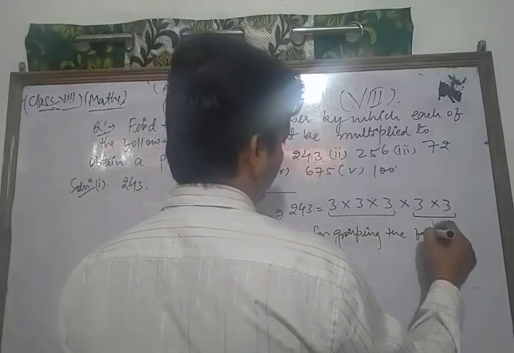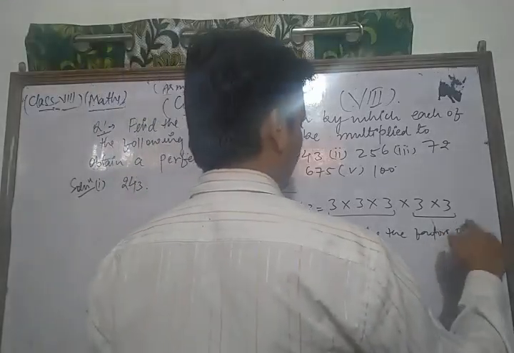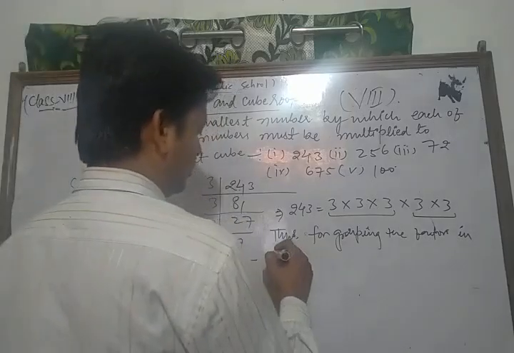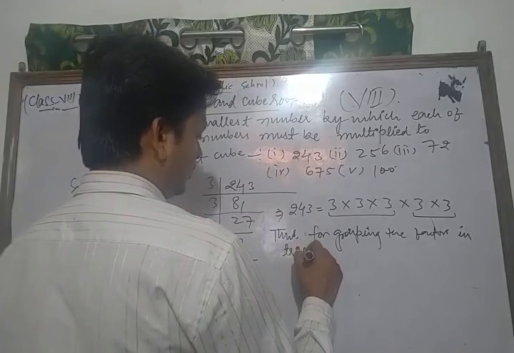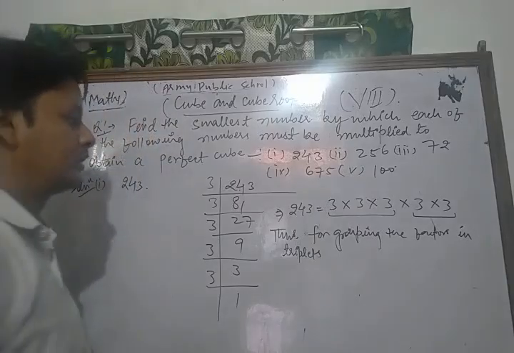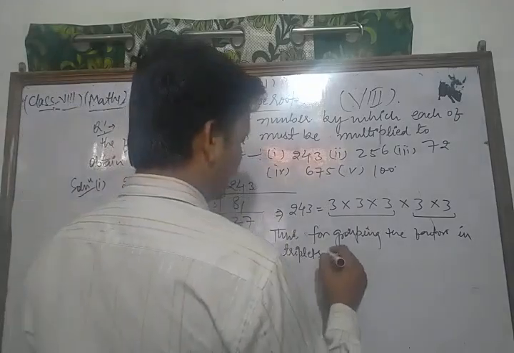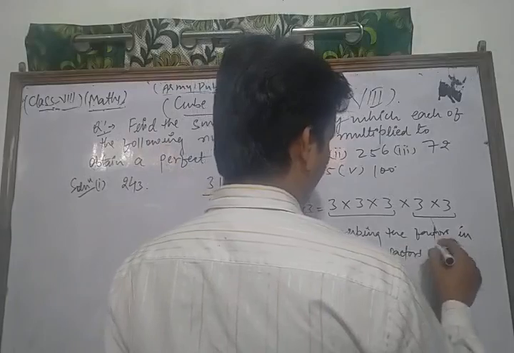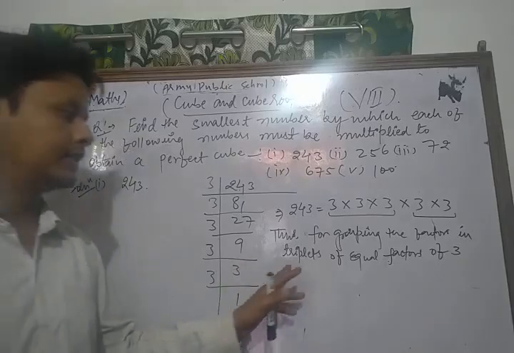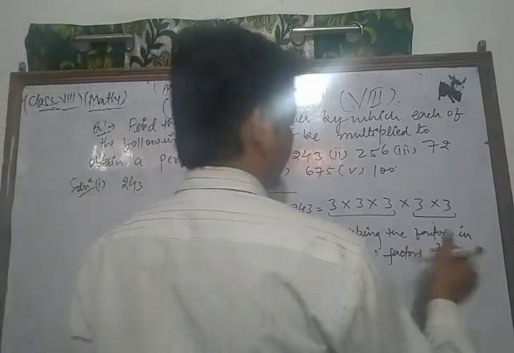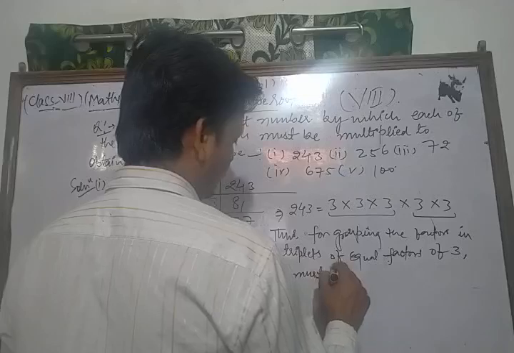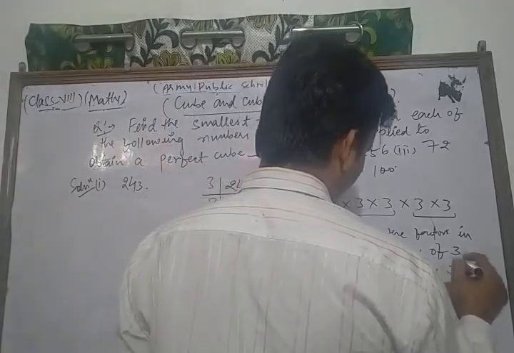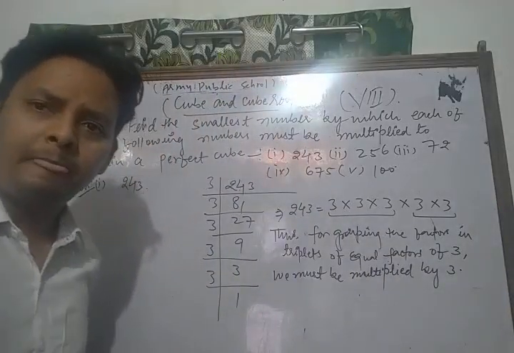Thus, for grouping the factors in triplets of equal factors of 3, we must multiply by 3.